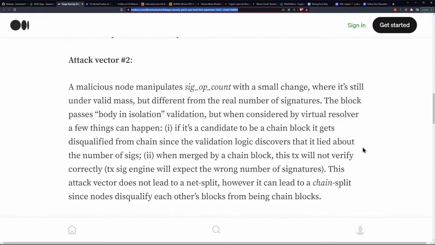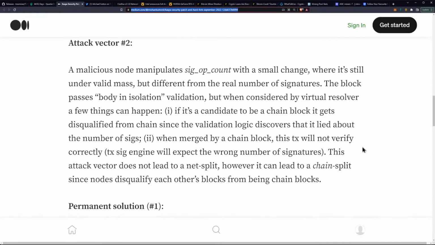And then there's attack vector 2. A malicious node manipulates sig op count with a small change where it's still under valid mass, but different from the real number of signatures, so the block passes body in isolation validation. But when considered by the virtual resolver, a few things can happen.